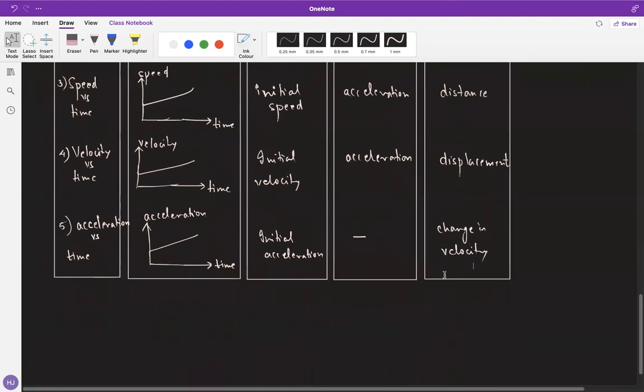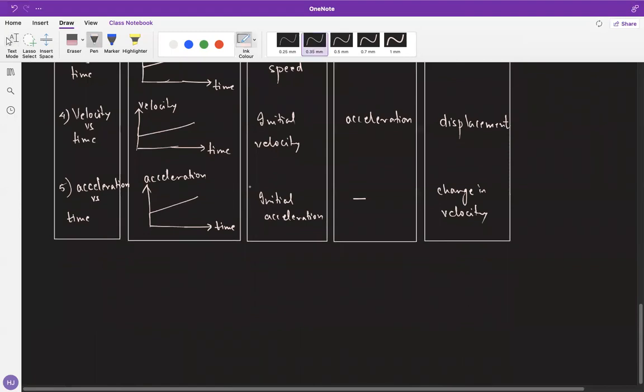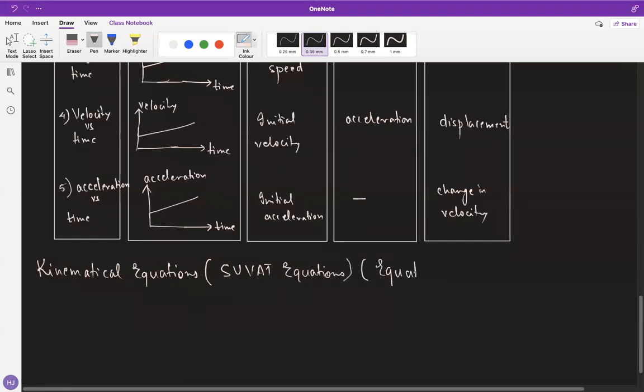So our next topic is commonly known as kinematical equations, or it is also known as SUVAT equations, or equations of motion.